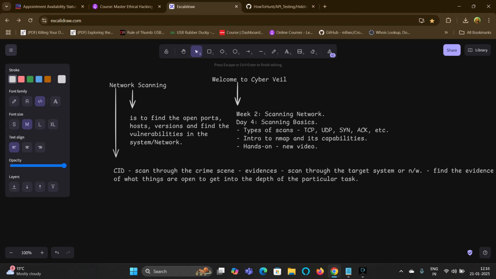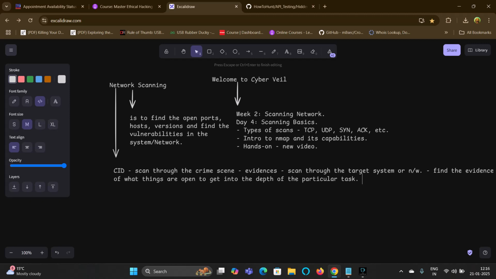Let me give you a brief example in Hindi as well so that you can correlate it. Let's say, what does CID do? CID basically goes to the crime scene and sees which people were connected with that particular crime scene and place, which human beings were there at that time.